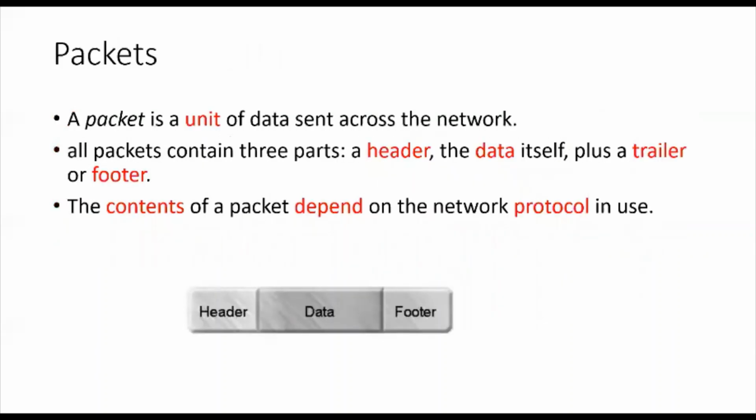Okay, so now we have seen some of the data addressing that makes sure the data reaches its correct destination. We saw the physical address and the logical address, which help the correct device to be identified by the packet, that is, the data sent by the sender.